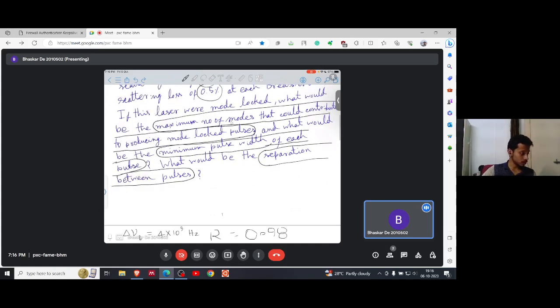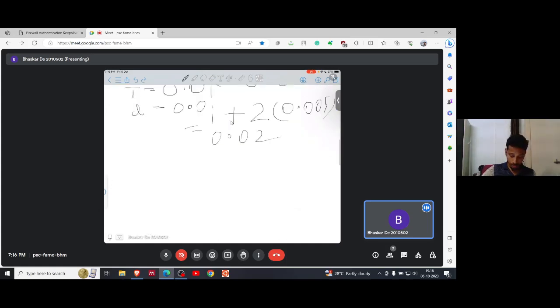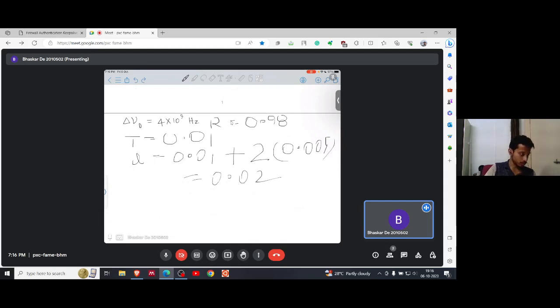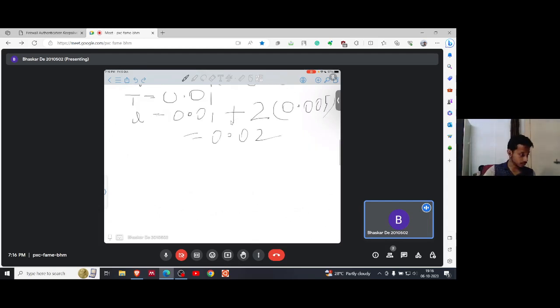So the cumulative loss is total 3%. Transmission is 0.01, the scattering loss is 0.01, and then another scattering loss from the Brewster windows, 2 into 0.005, so the total scattering loss is 0.01 plus 2 into 0.005 equal to 0.02. So total cavity loss is 3% per pass.